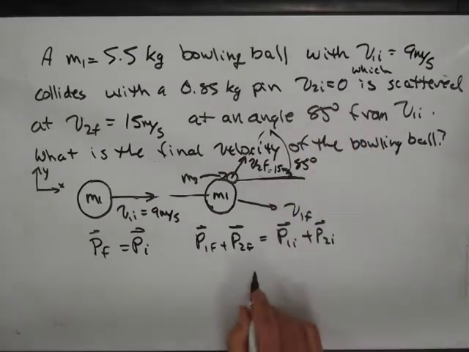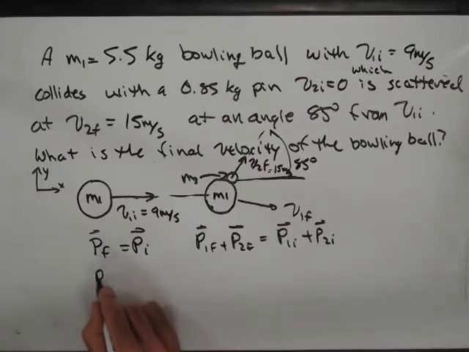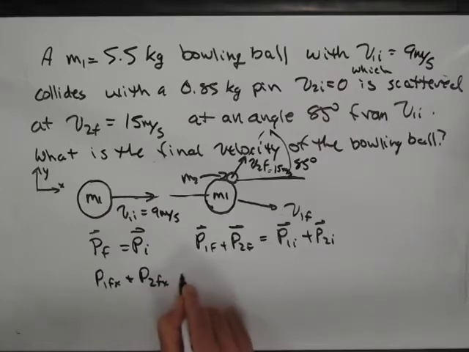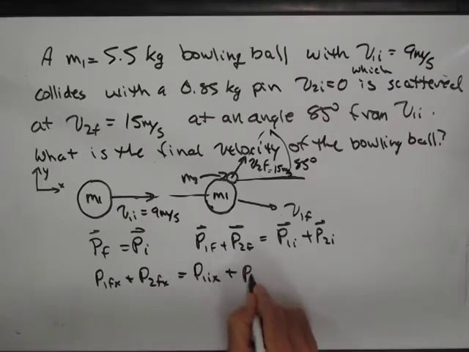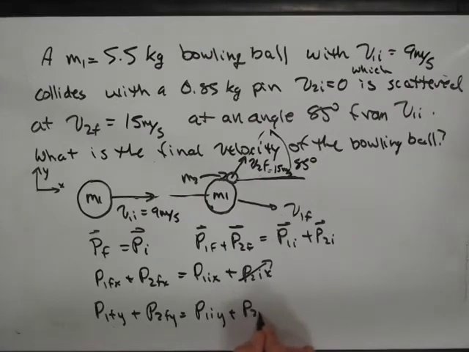And so then I can break these up into x and y components, and I can say P1 final x plus P2 final x is equal to P1 initial x plus P2 initial x. Again, this guy is 0. And similarly, I can say P1 final y plus P2 final y equals P1 initial y plus P2 initial y.